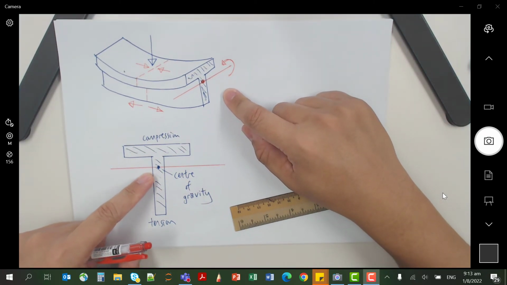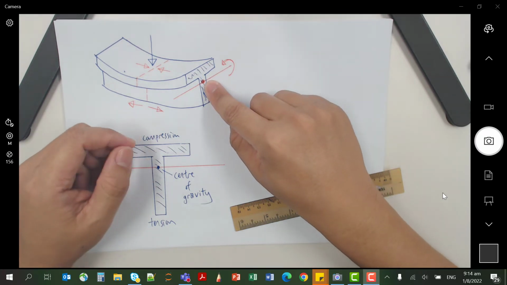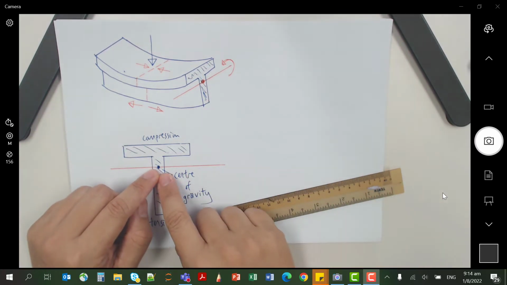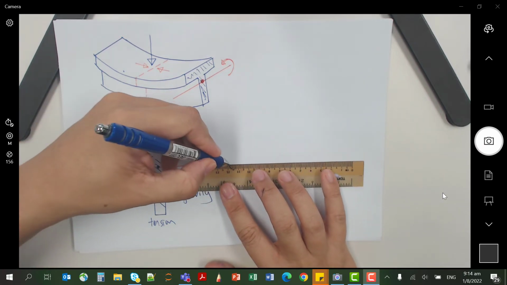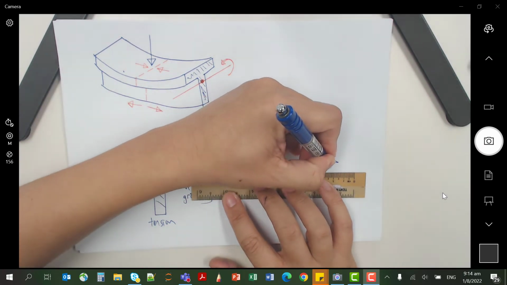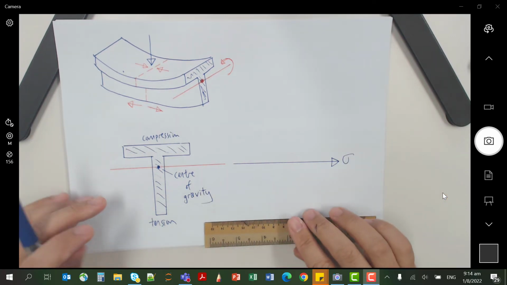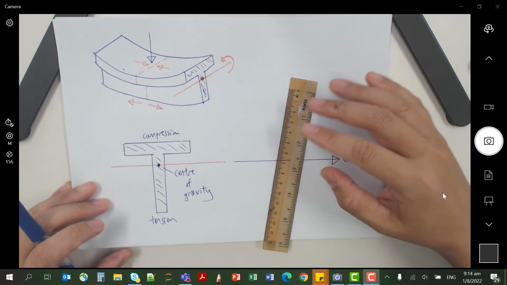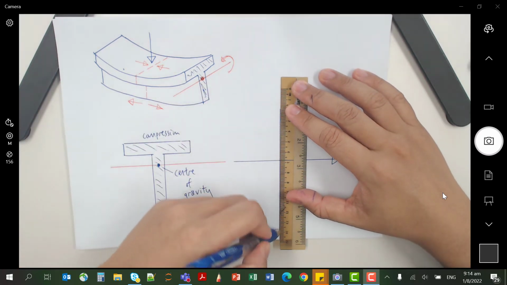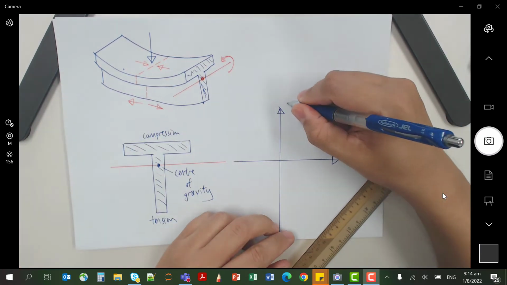So how are you going to draw the stress diagram? Locate the CG, like how you do here, and then straight away you draw the stress axis, sigma. Then you draw the y-axis, the height axis, y.